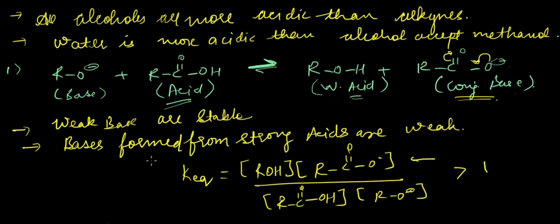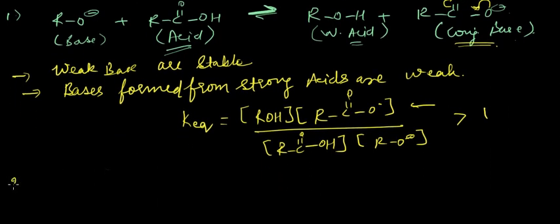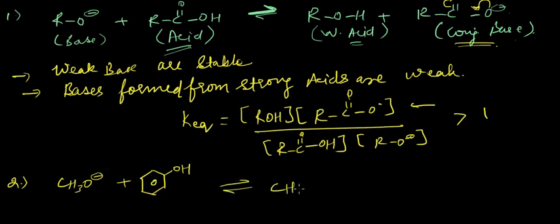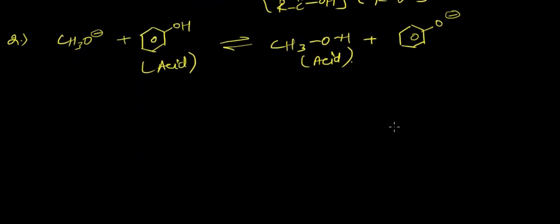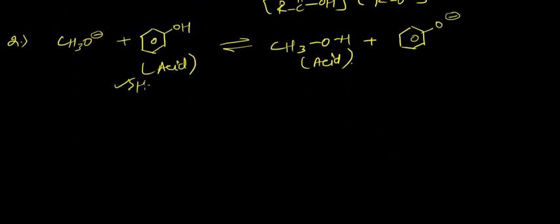Right? So we have a second example, and you have to determine whether this reaction goes in forward direction or backward direction. Okay, so this is an acid and this is an acid, and we know that phenol is a stronger acid than obviously alcohol, right?